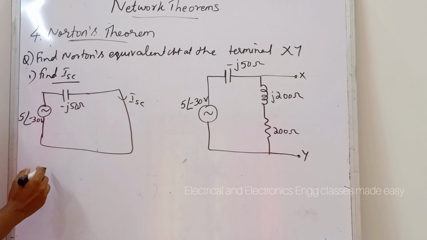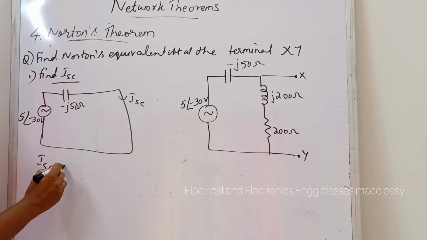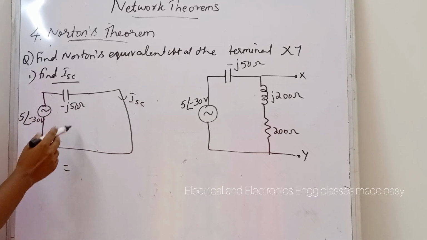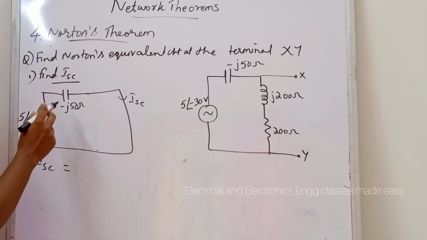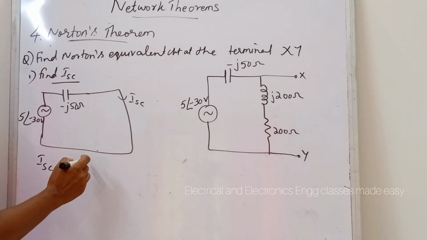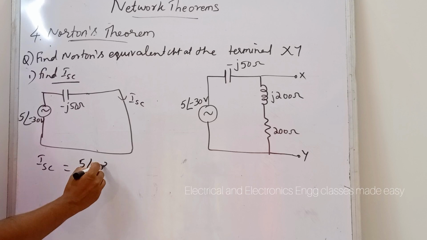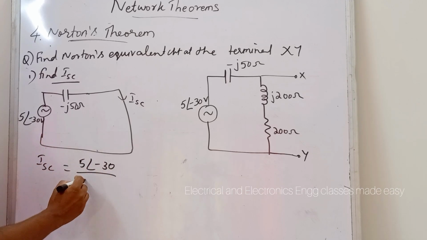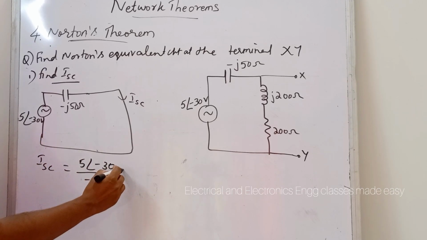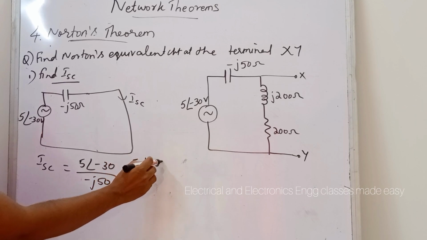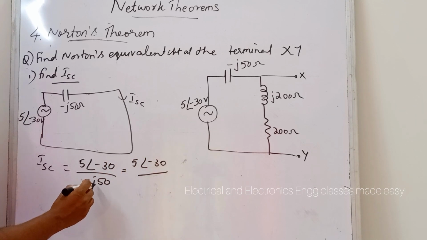So what is ISC? ISC is equal to V divided by Z, and that is equal to 5 angle minus 30 divided by minus j 50.